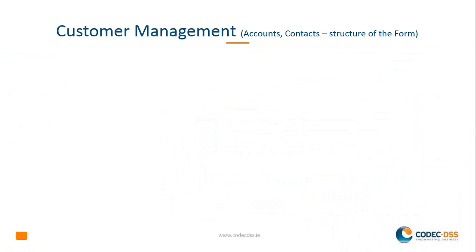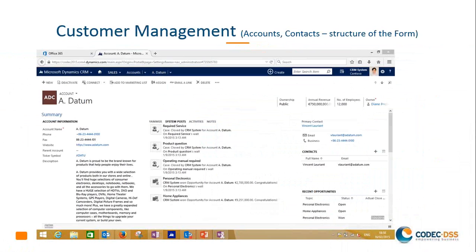The customer management in CRM is more focused on accounts and contacts. You can call them customers, as contacts and companies and accounts. Sometimes people feel it's more easily understandable in the system. That's how the default form looks on the account form.